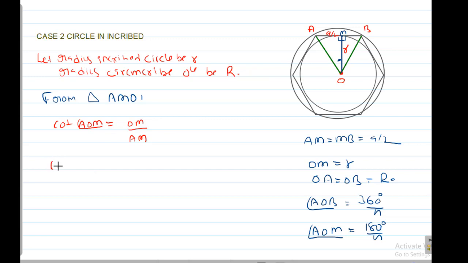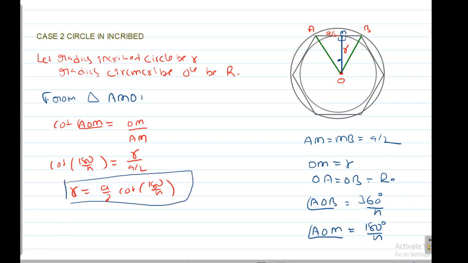So cot of 180 by n is equal to, what is OM, Nana? Here OM is small r by A by 2. So I want small r equal to A by 2 into cot of 180 by n. So I can take it as an important result.